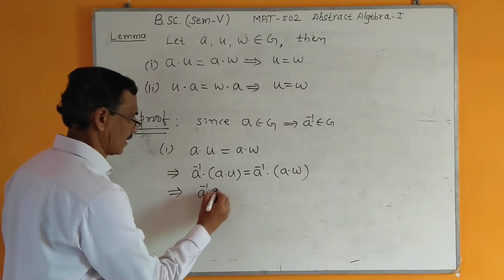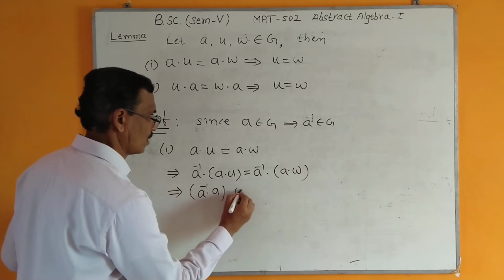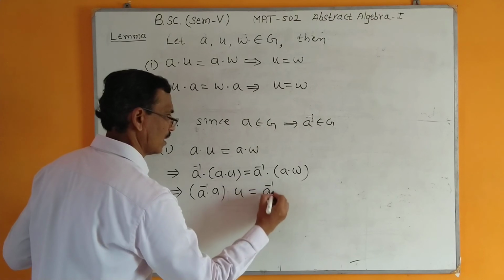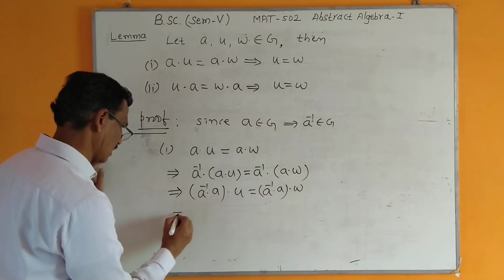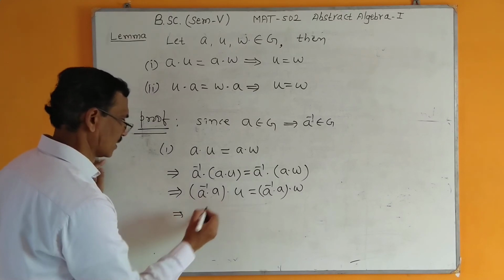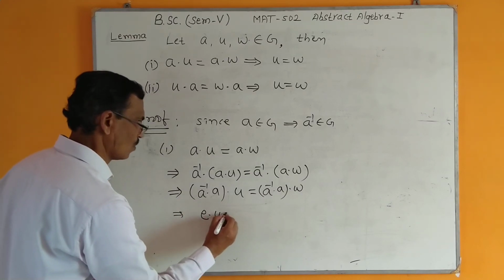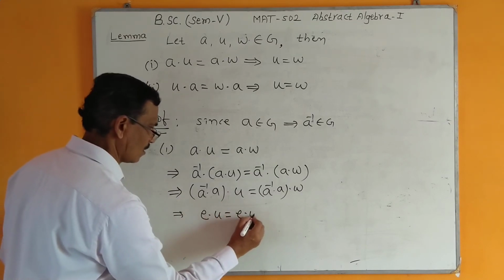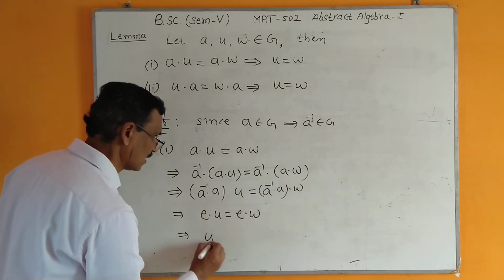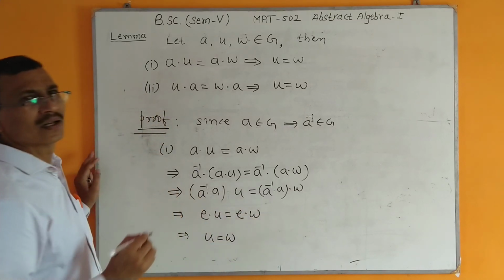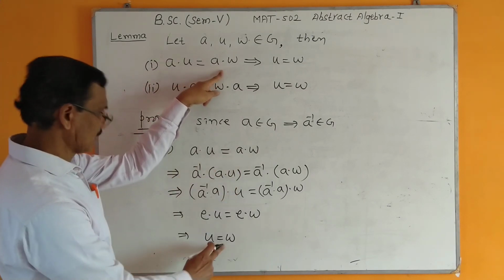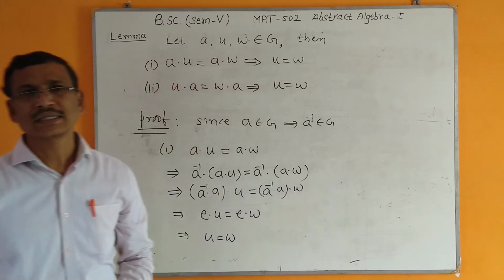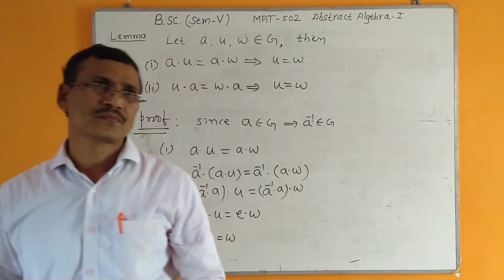A inverse dot A is E, so E dot U is equal to E dot W, and this implies U is equal to W. That is, A dot U is equal to A dot W implies U is equal to W. This is the left cancellation law.